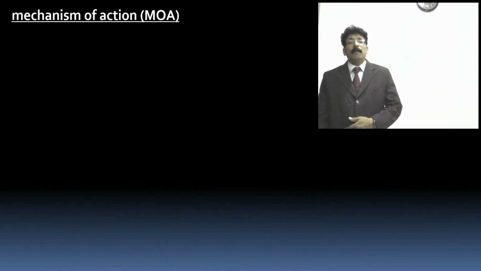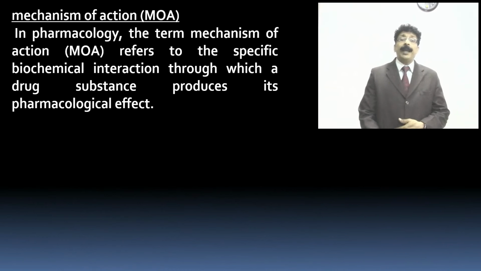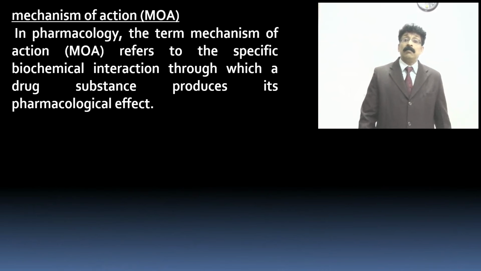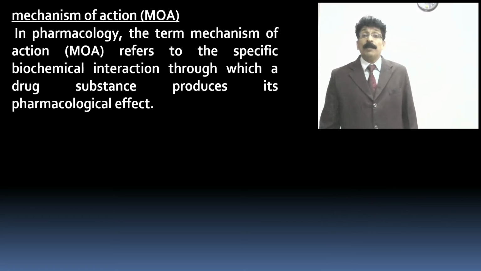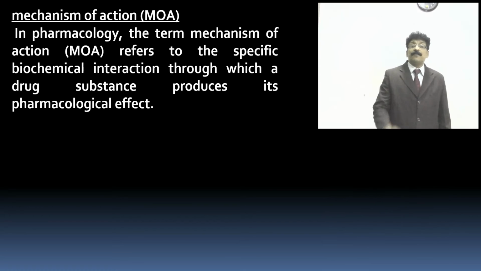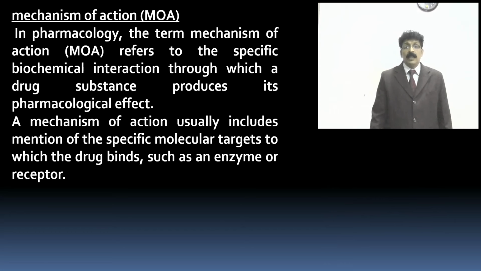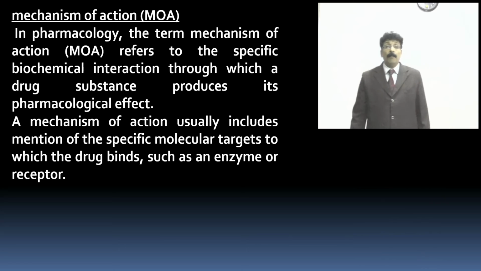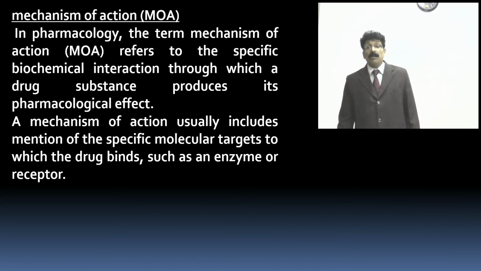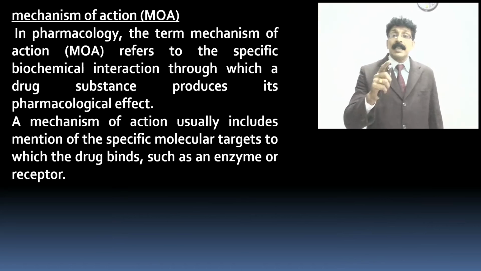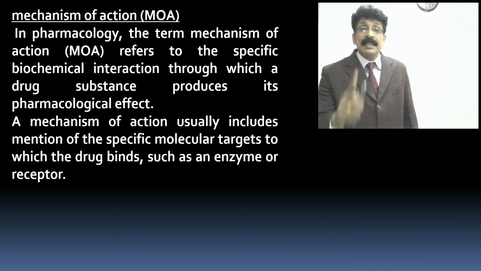Mechanism of action, MOA. In pharmacology, the term mechanism of action refers to the specific biochemical interaction through which a drug substance produces its pharmacological effect. A mechanism of action usually includes mention of a specific molecular target to which the drug binds, such as an enzyme or receptor.